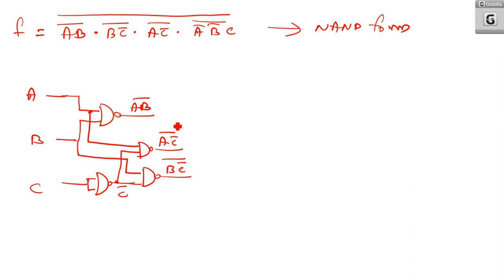Then the last one is A bar B bar C. So if you take another NAND gate, this is A bar, taking here you will get B bar, then C also you can take here.